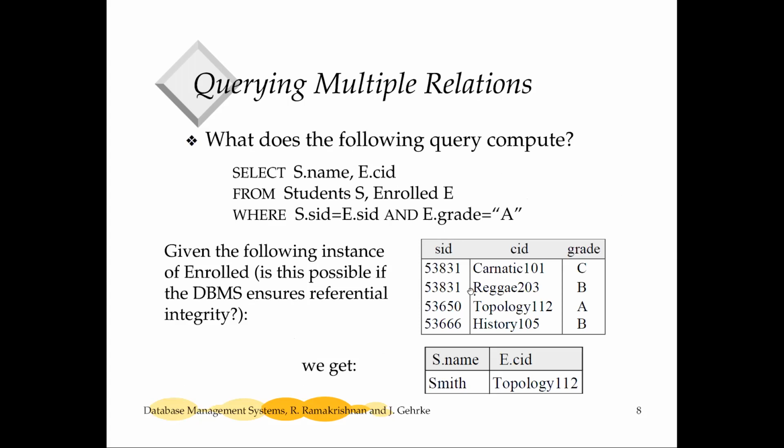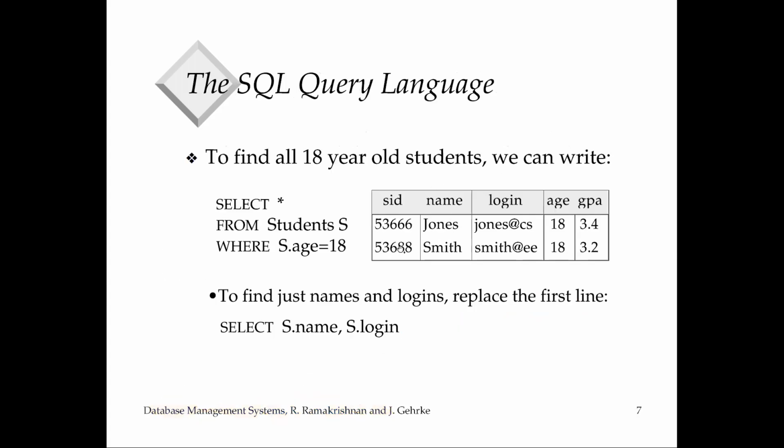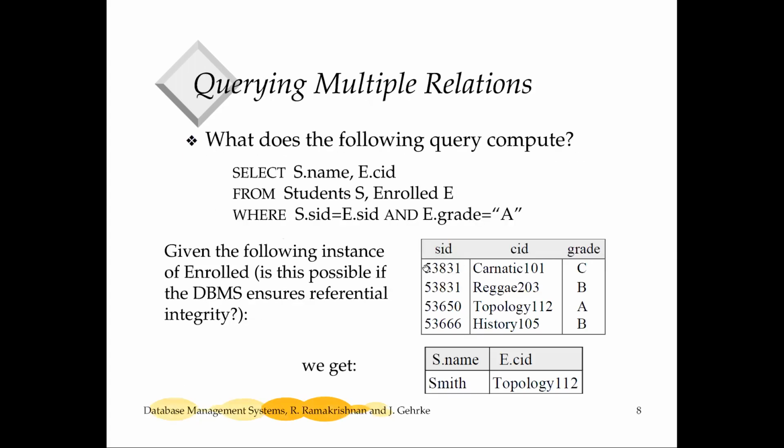And of course, it's obvious to see why you do that. It helps you to avoid duplication. For example, if you did not use this key, you'd have to write down all the information about the student here.